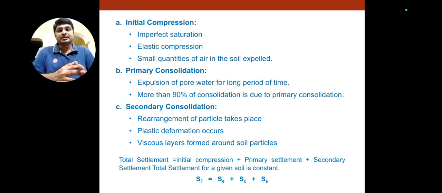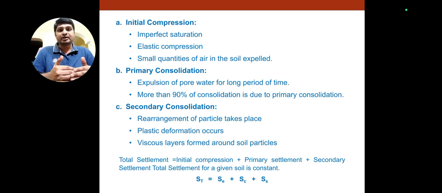These are the three kinds of compressions or consolidations that take place in the saturated soil mass. The total settlement includes initial compression, primary settlement, and secondary settlement.